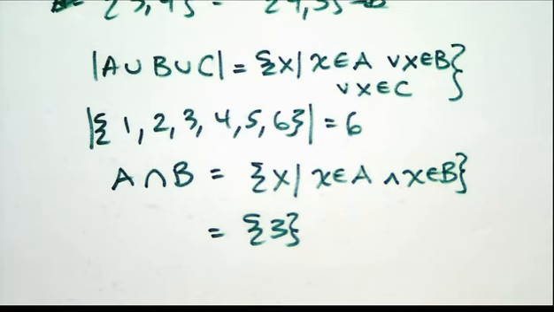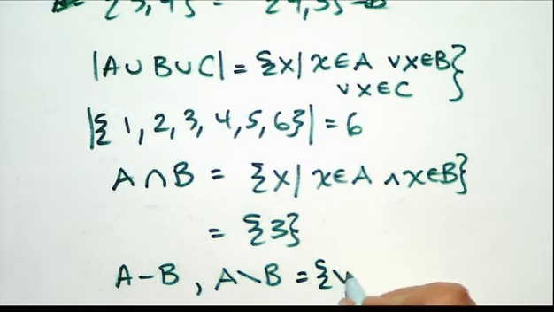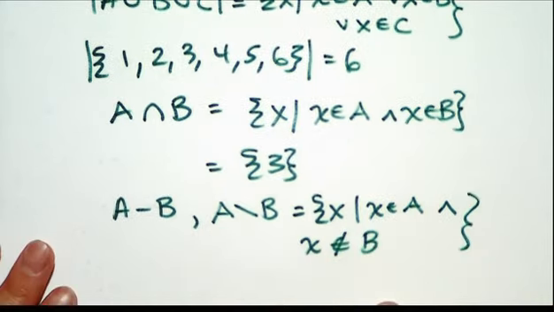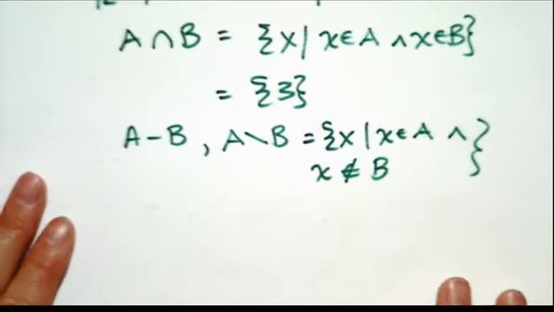Okay, so we also have a minus. So A minus B, it might be also written like that. So that is all the elements of A that are not in the intersection. So if we put a slash through this member of operator, then that means is not a member of.